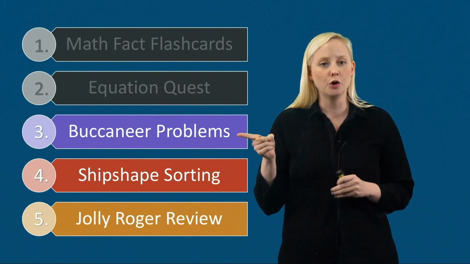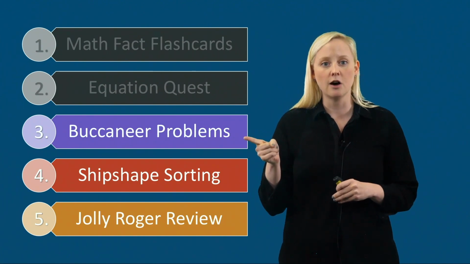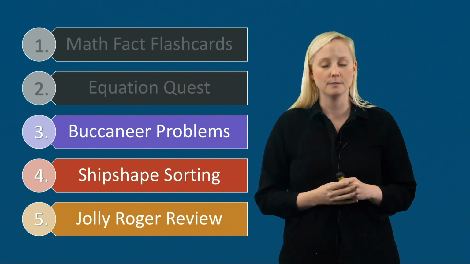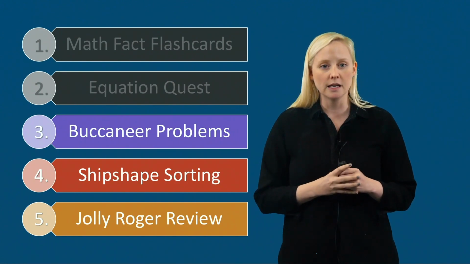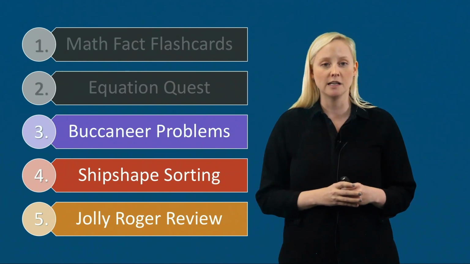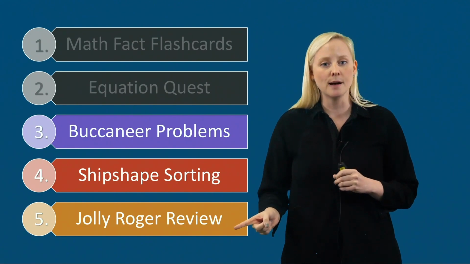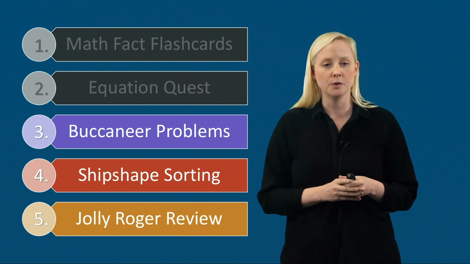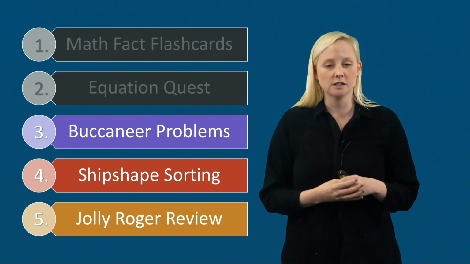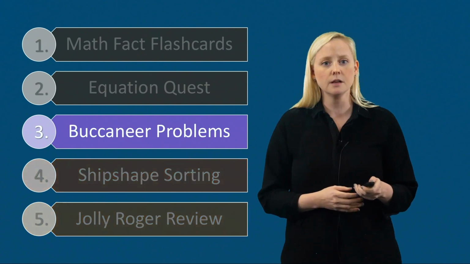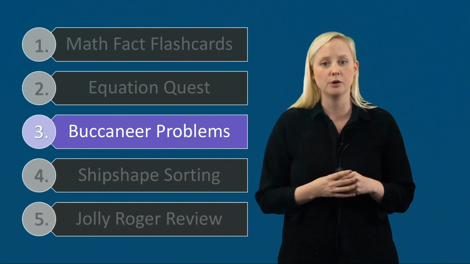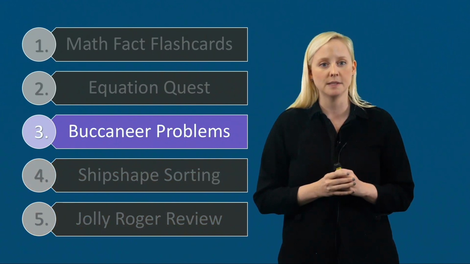Students identify total problems when they work with the teacher to solve word problems during the Buccaneer Problems. In Ship Shape Sorting, students identify cards as belonging to the total, difference, or change schema. And students talk about total problems in the Jolly Roger Review when they independently work to solve word problems. However, primarily we talk about total problems in the Buccaneer Problems activity.